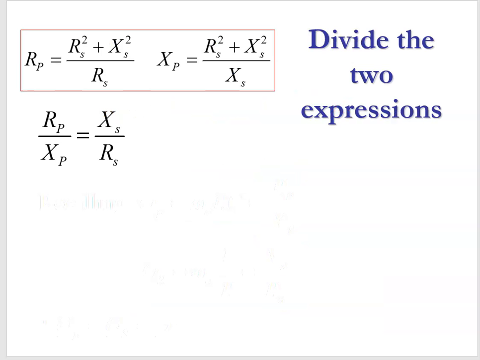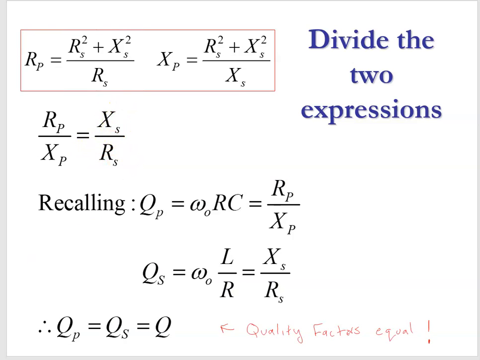If we take these two equations and divide the two expressions, we can get a relationship that Rp over Xp is equal to Xs over Rs. So our resistance in parallel divided by our reactance in parallel is equal to our reactance in series divided by our resistance in series.